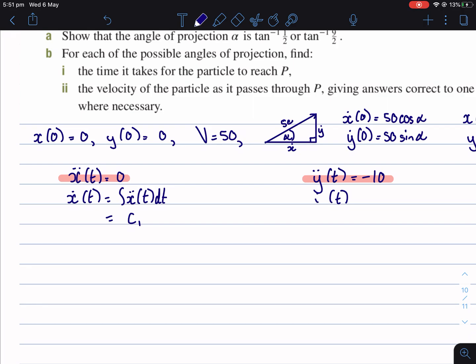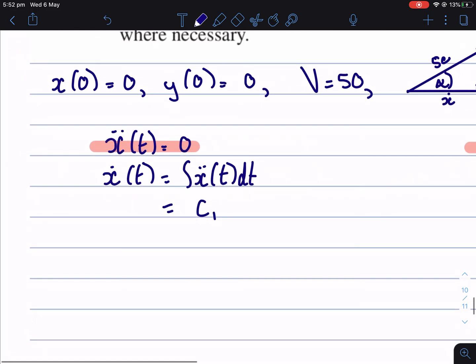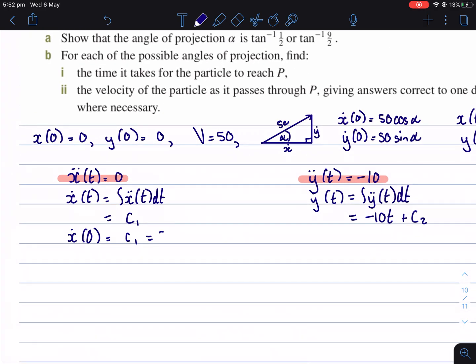Okay, we know x dot 0 is still going to be a constant, C1, but it's 50 cos alpha, which means x dot t is 50 cos alpha.